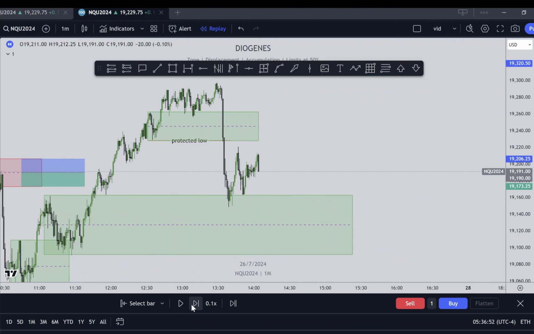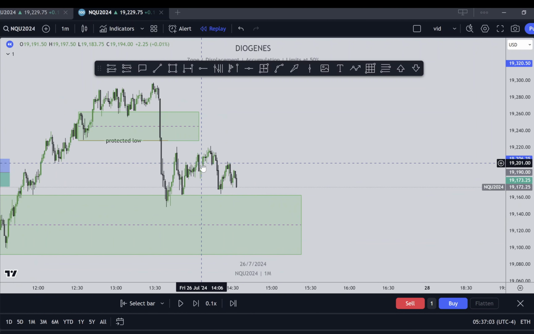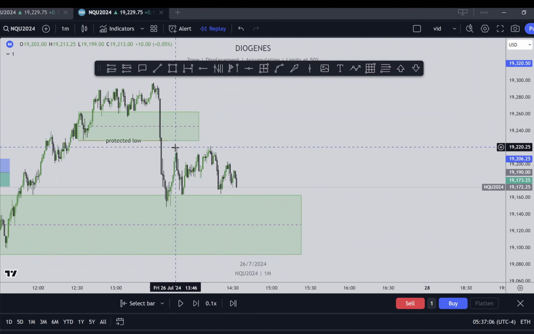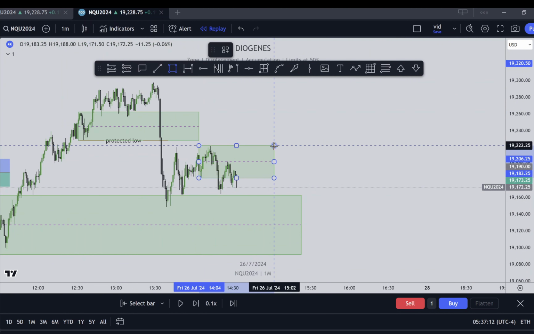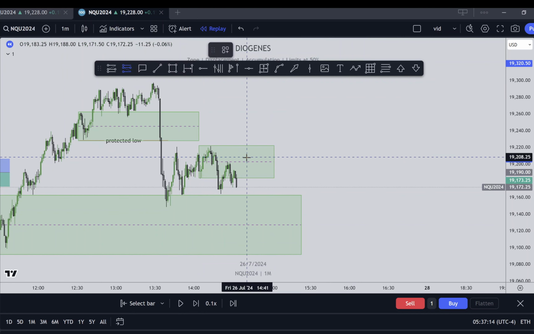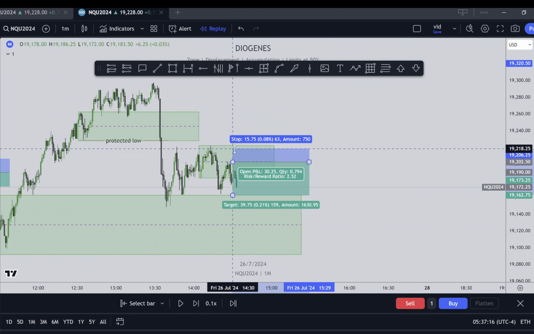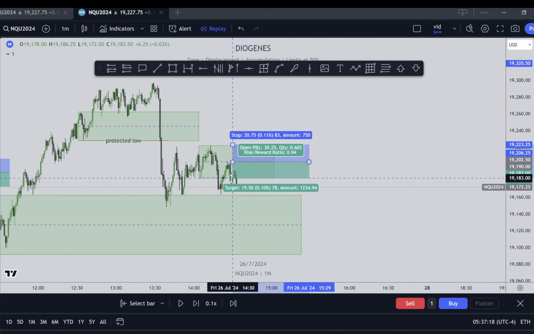Okay, we accumulate. Good. We take this high. Good. We close under. It's game on. Since we took this high and took this low, this is perfect for me in the seconds. Well, that's another bearish trade I would have taken.